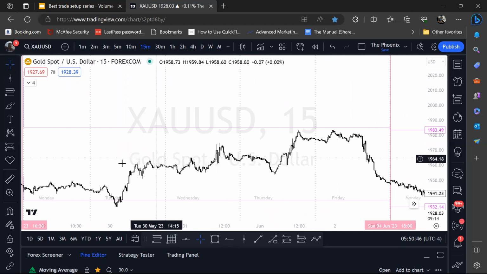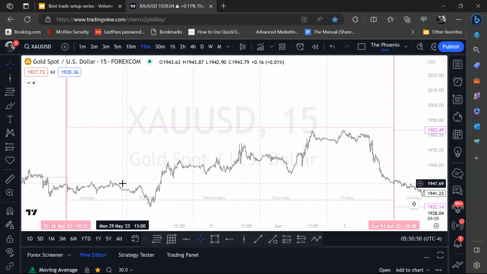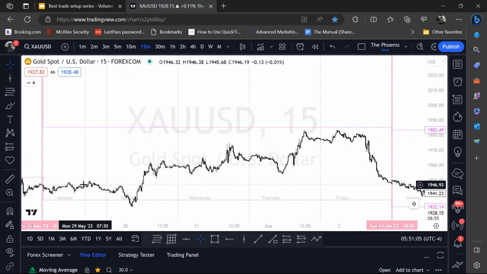Not trying to confuse you here, but day one, which is Monday, is going to be the opening range of the week. It sets the high and the low of the week. So we have Monday's high, Monday's low. Obviously, an inside day coming from the Friday of the previous week. But nevertheless, it's still the high and low of this new week.